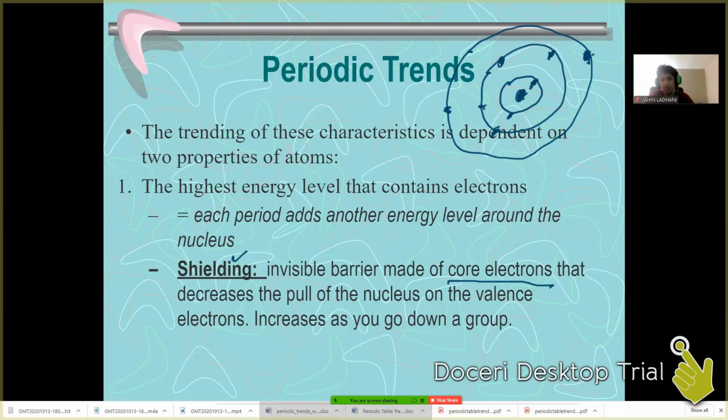So once again, that, just like the distance, is going to decrease the pull of the nucleus on the electrons out in the valence shell. So that's going to affect the size of the atom, and then it's also going to affect how easy it is to gain or to lose electrons. So these things that we see, shielding and also the adding of the energy levels, those are what causes a trend within a group.